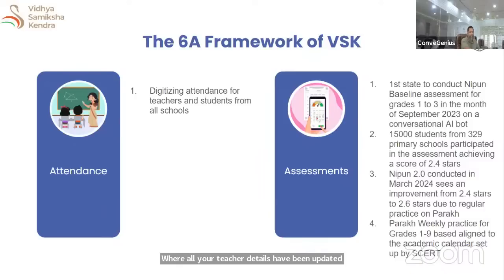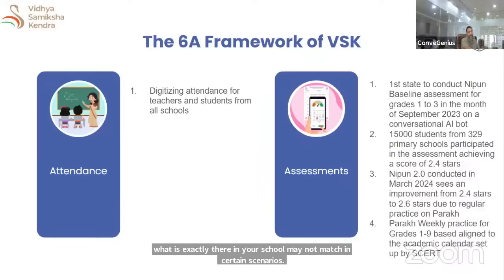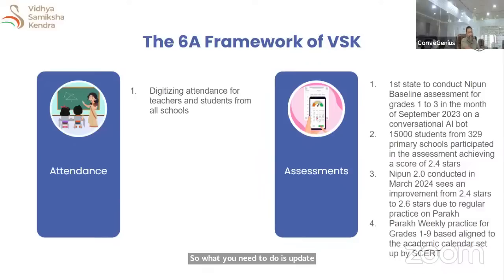Now, it may happen that the teacher details we have and what is exactly there in your school may not match in certain scenarios. So what you need to do is update those files and update that data. Once all the schools update that data, we will collate all the data and send it to our technical team who will then update those details.